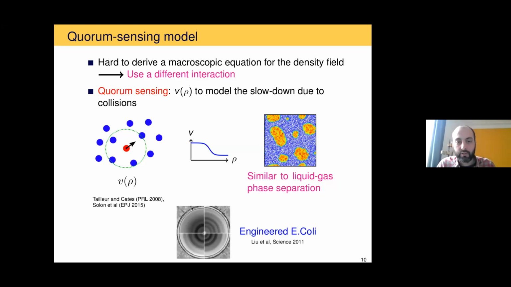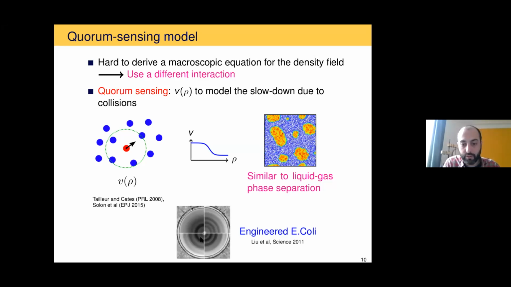Let me point out that this quorum sensing interaction is an effective model for the collisions, but it's also a real interaction that's used in some systems, in particular bacteria that can release a chemical in the medium and sense the concentration of this chemical. So that is used to infer the concentration of bacteria around.